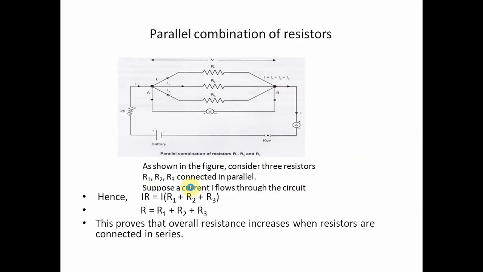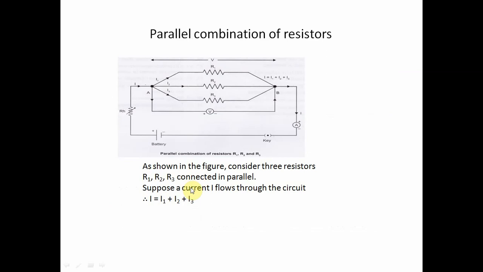Now we will talk about the parallel combination of resistors. In a parallel combination, the resistors are connected with a common end. Common end means the first end of the first resistor, the first end of the second resistor and the first end of the third resistor are all connected to the same point.